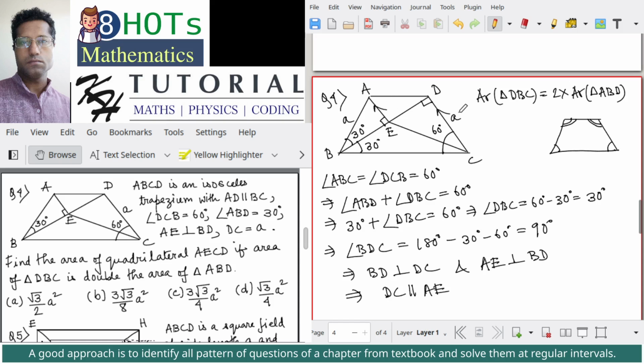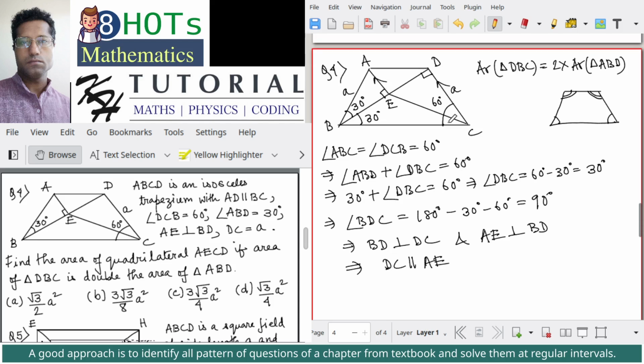DC is parallel to AE. We have to find the area of quadrilateral AECD. So we can clearly see that AECD is a trapezium.